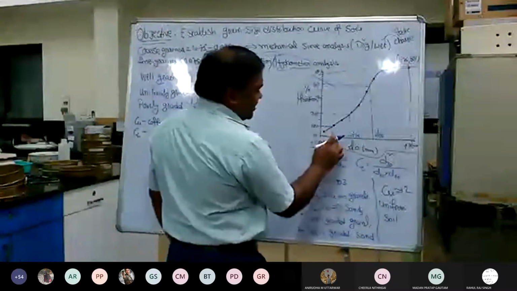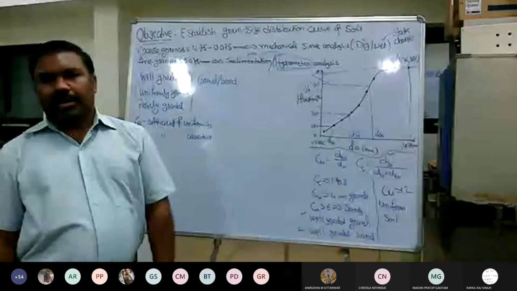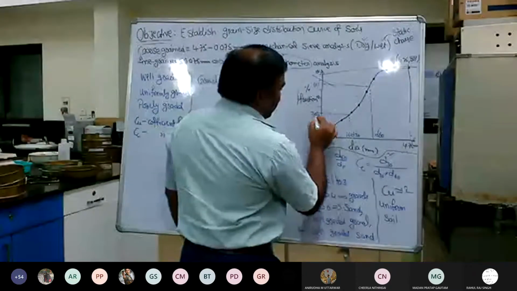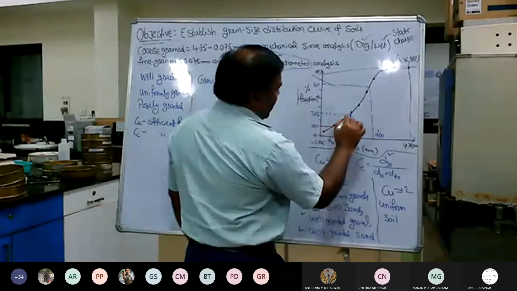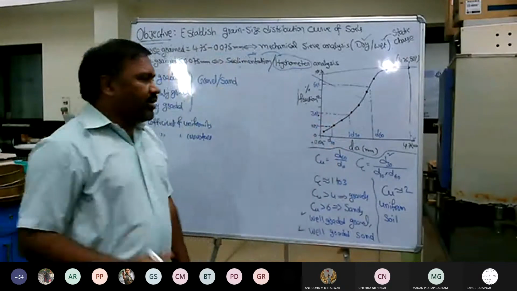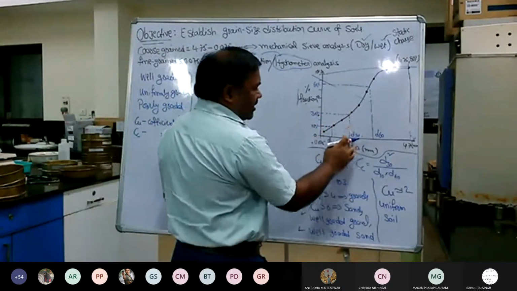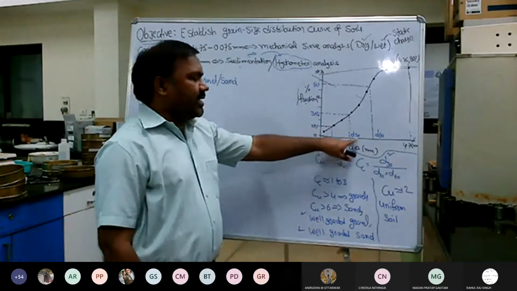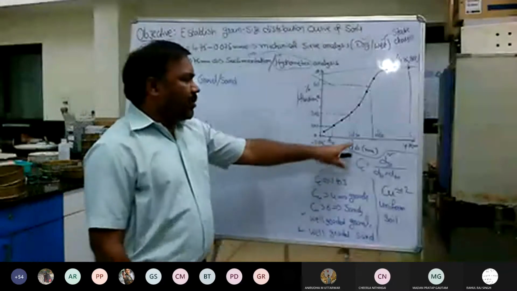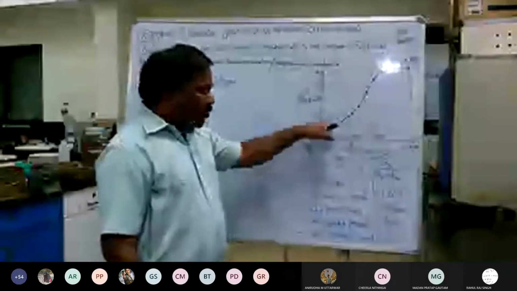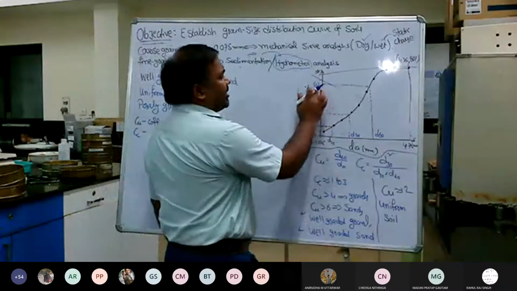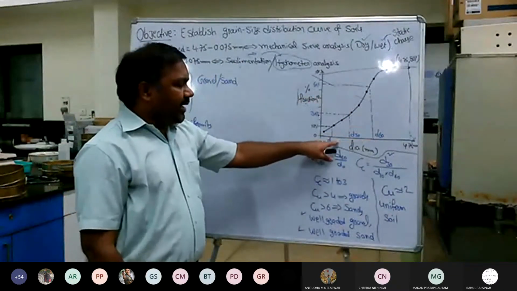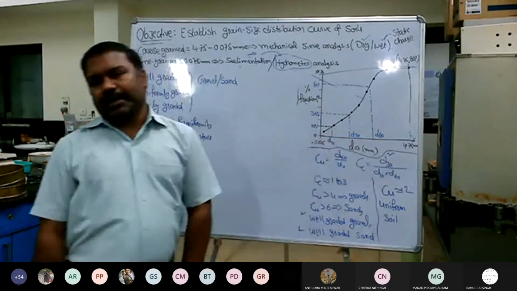Wherever it touches the axis, that gives you the diameter of the particle corresponding to 10% finer. Similarly, for 30%, draw a horizontal line onto the gradation curve, then drop it in the vertical direction onto the x-axis, and where this vertical line touches the x-axis, that gives you the diameter of the particle corresponding to 30% finer. Similarly, repeat the same for 60%. This is how we normally determine D10, D30 and D60.